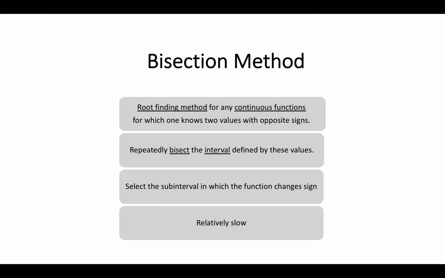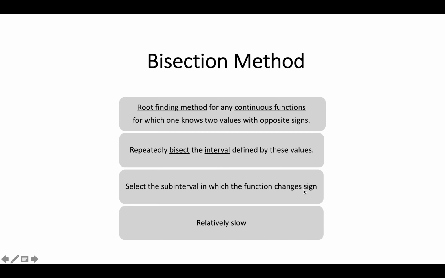So the curve of the function must cross the x-axis at some place in between a and b. Repeatedly bisect the interval defined by these values, as is clear from the name. Then select the subinterval in which the function changes sign.